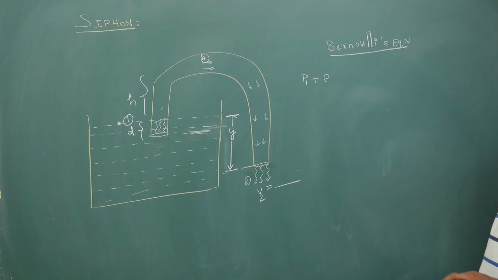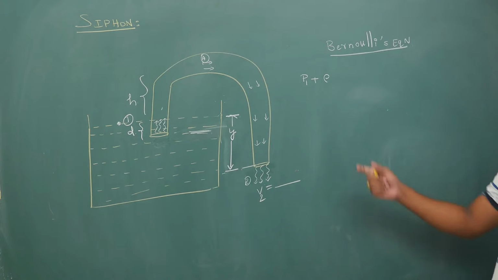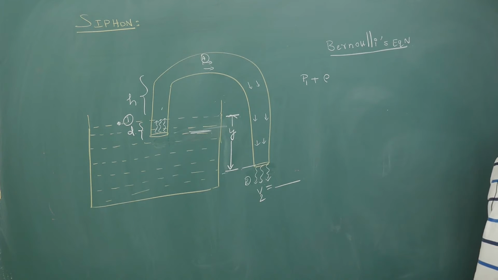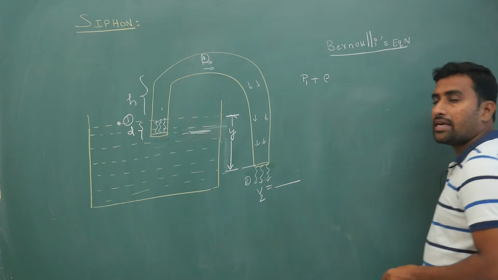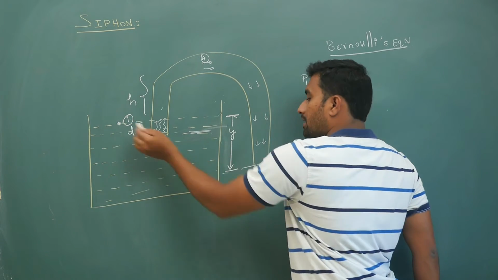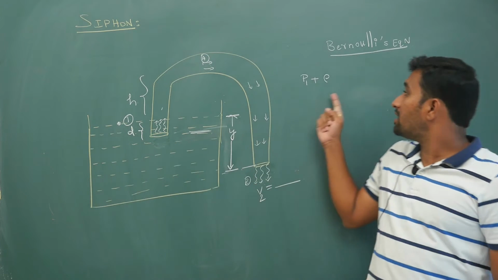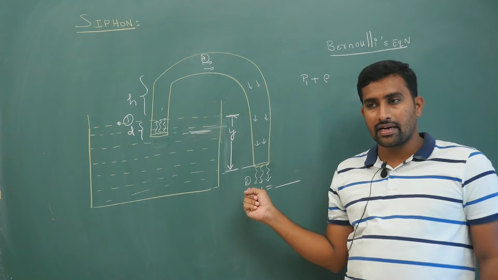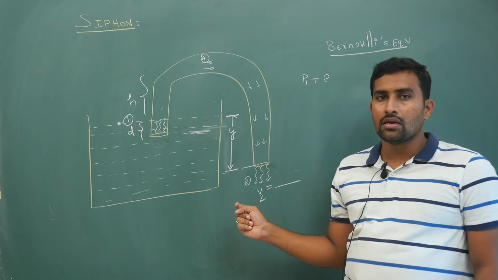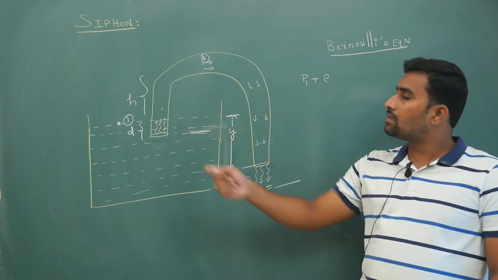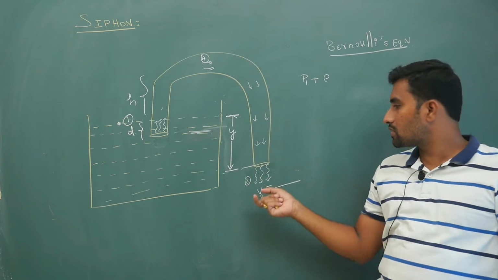Now here I will tell you what will happen, with maths you will get to know why the liquid is flowing like that. If you try to apply Bernoulli's equation at point 1 and at point 2, where is point 1? On the surface. Where is point 2? At the entrance of the pipe. So in a siphon, liquid will flow from the vessel to this hole.